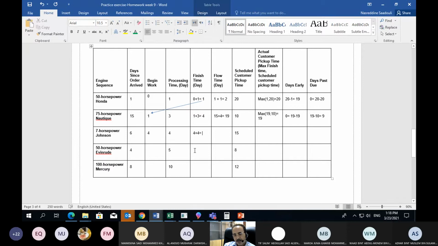Therefore, the finish time will be 4 plus 4, which is 8. The flow time is the days since the order arrived plus the finish time, so 14. Then the maximum of the finish time and the promised time.